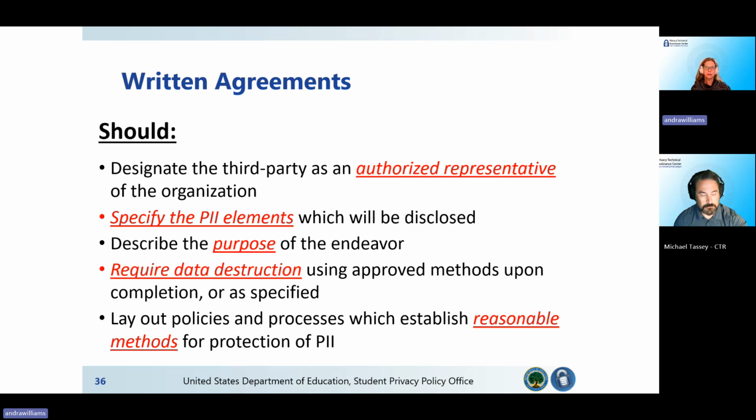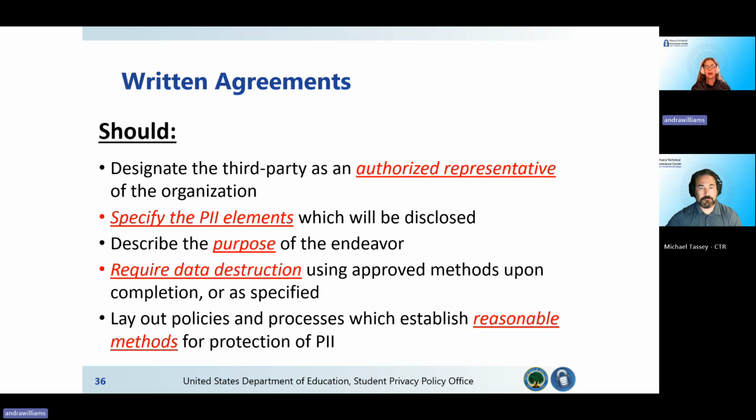If nothing else, it ensures that the other party is aware of the responsibilities under FERPA. And then this also serves to lay out all of the expectations and requirements that you have that allow you to comply with FERPA. So quickly, and again, we have resources on this on the website, the written agreement should designate the third party as an authorized representative of your agency.